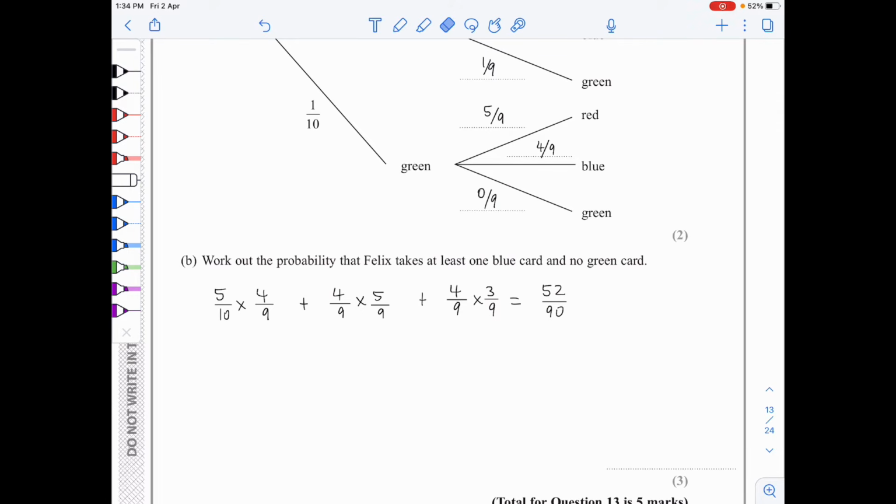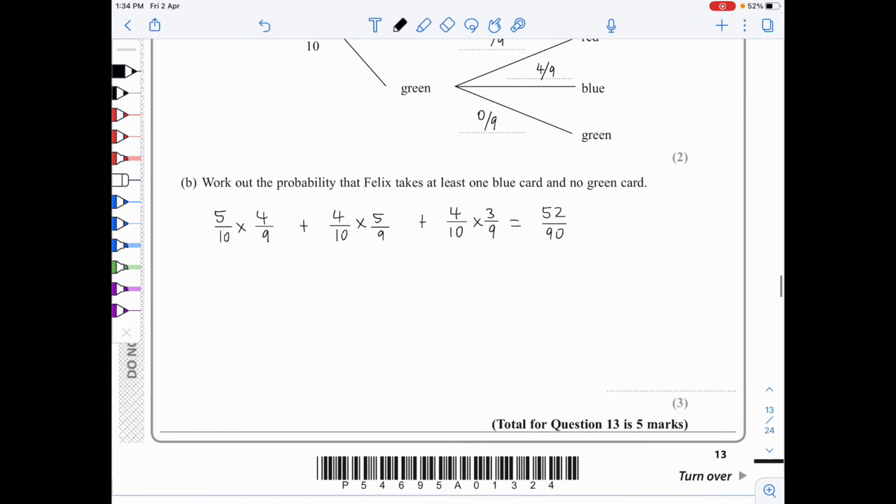I have a small mistake here, it's over 10, the first row, because we start off with 10 cards. So 52/90 is the final answer for this question.